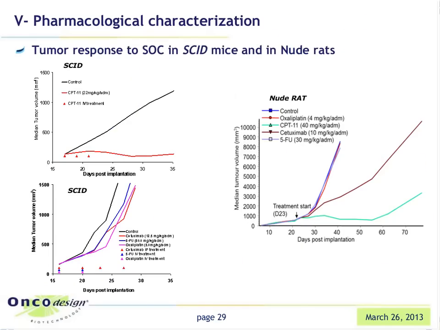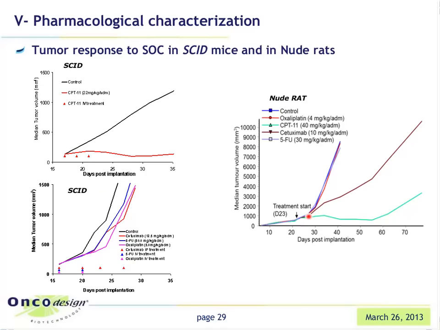Here on this slide, we show the data to compare the mouse and the rats. So here you have the CPT11, and we have the other drugs on the skin mice. If you go to cytotoxics like CPT11, you can see that the response is the same, and for the 5-FU and oxaliplatin, we have no response as has been seen.